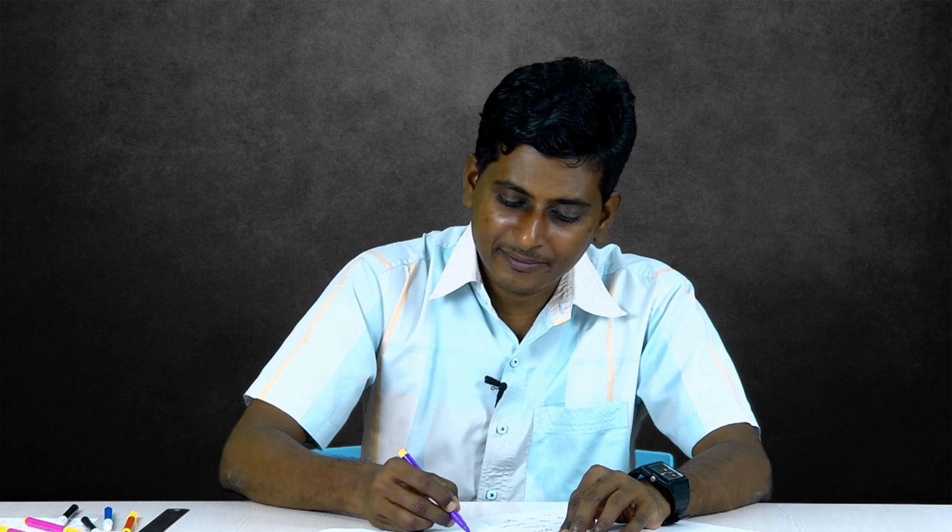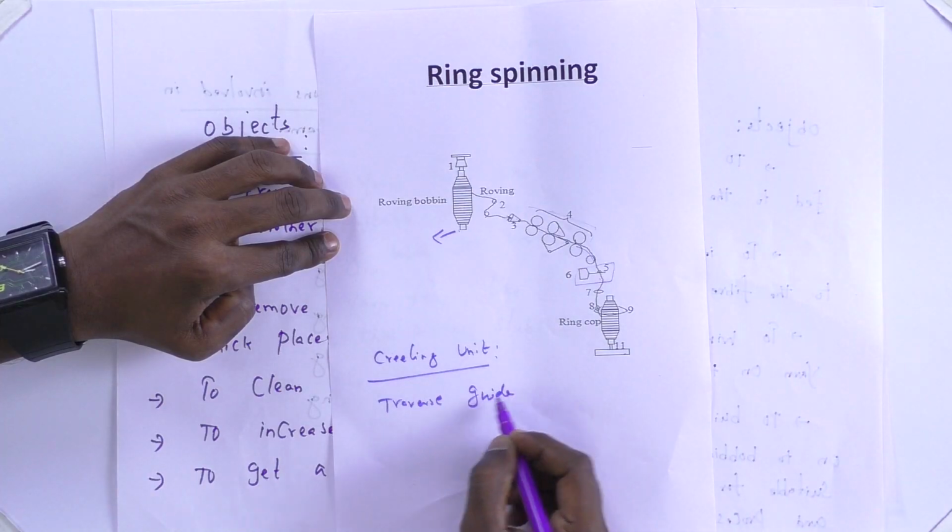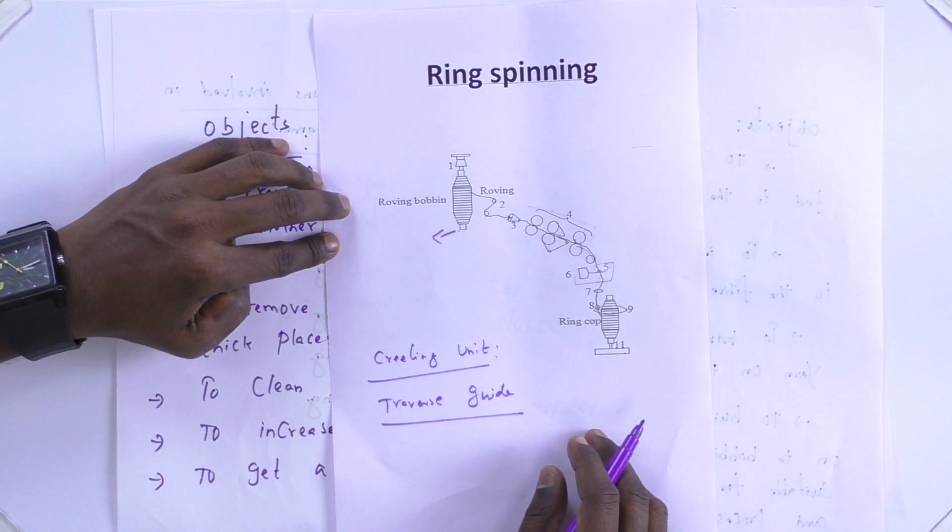Then the yarn is passed through suitable guides. It reaches the drafting unit. Here we are using a traverse guide. What is the traverse guide? It traverses the material through the width of the rollers.